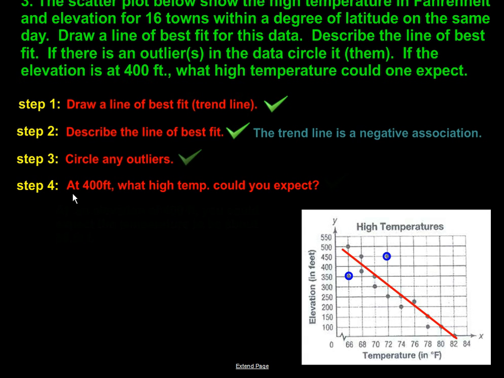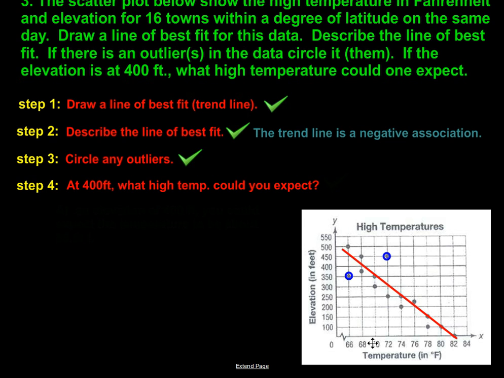Now, the last part, at 400 feet, what high temp could I expect? Well, if I look at 400 feet on my y-axis and I slide across, where my trend line intersects the 400 feet is the temperature that I could expect. And my trend line crosses 400 near 68, but a tiny bit past it.